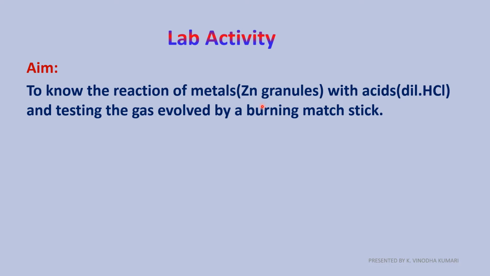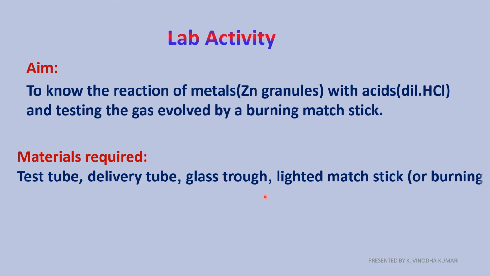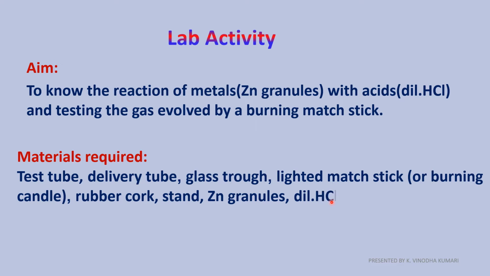Now let us see what are the materials required. We have to take a delivery tube, test tube, glass trough, lighted matchstick, that is a burning candle, rubber cork, a stand, some zinc granules, dilute HCl, and then soap water.